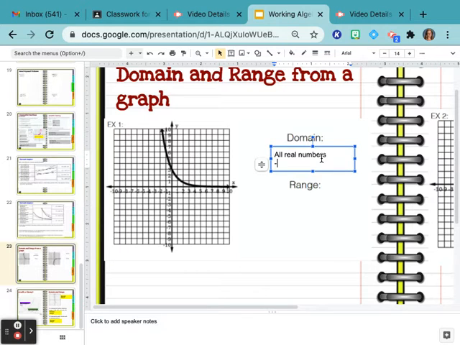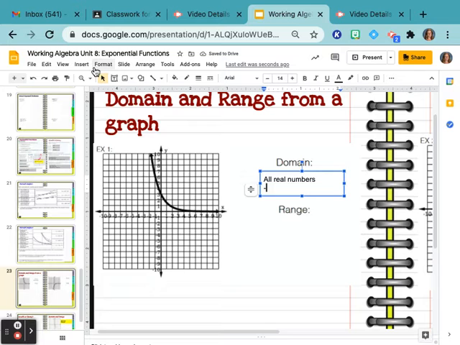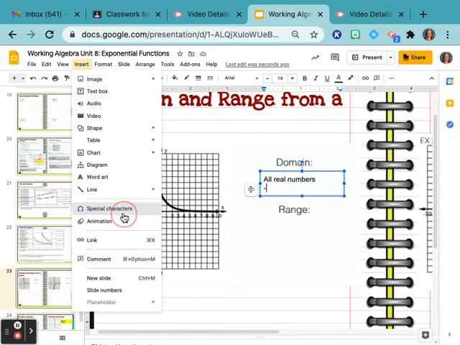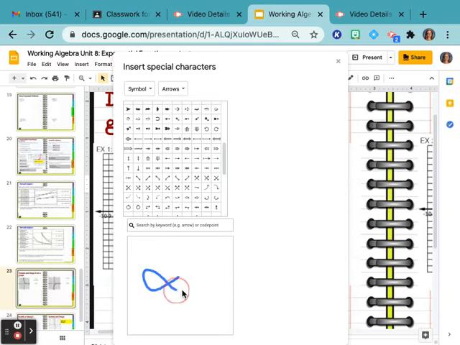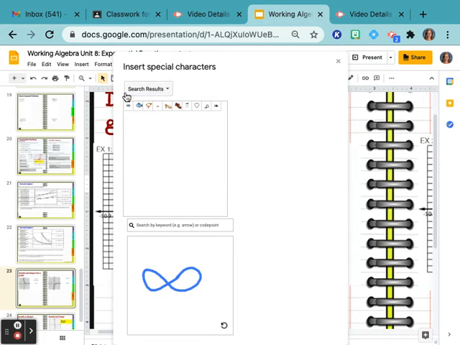For all real numbers, that's represented by x is between negative infinity and positive infinity. So we'll put negative infinity. Do you remember how to find infinity? Yep, insert special character. We're going to draw a little infinity sign there, and it should pop up. And that was under insert.